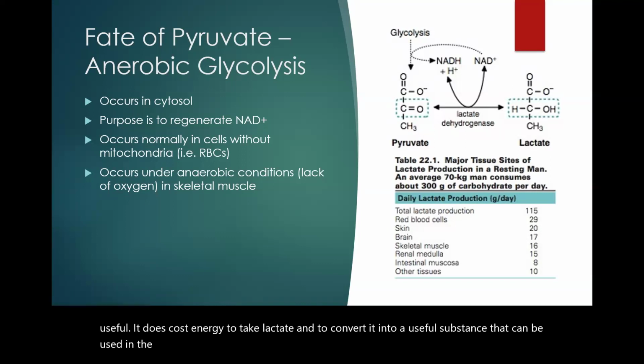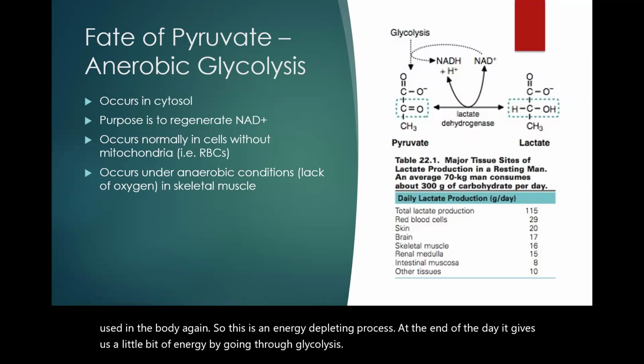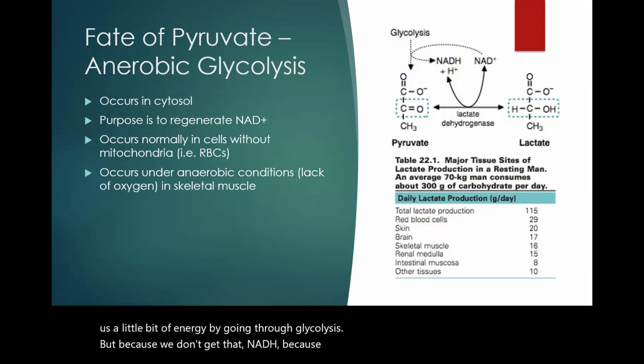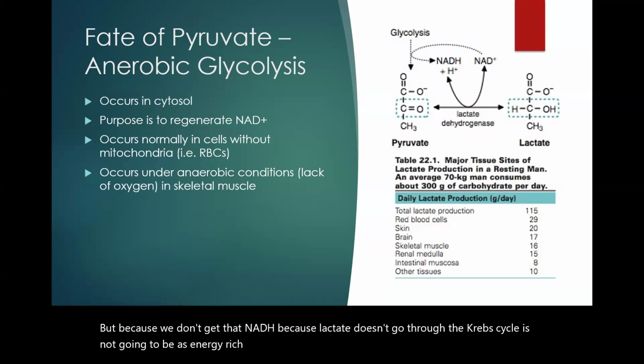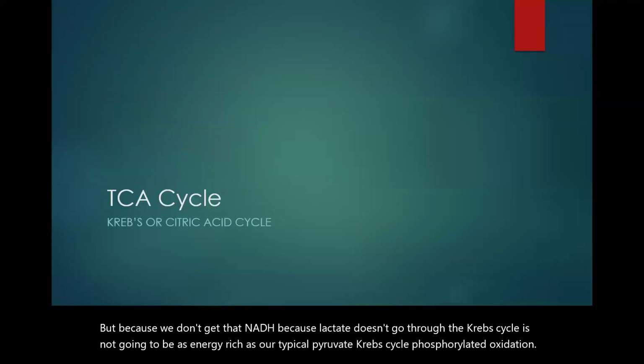So this is an energy depleting process at the end of the day. It gives us a little bit of energy by going through glycolysis, but because we don't get that NADH, because lactate doesn't go through the Krebs cycle, it is not going to be as energy rich as our typical pyruvate Krebs cycle phosphorylated oxidation.